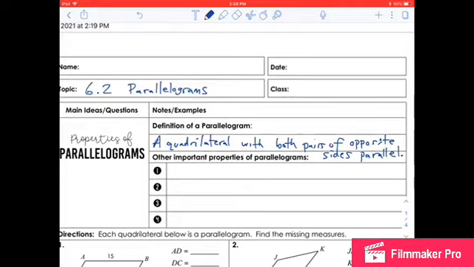Okay, so both pairs of opposite sides are parallel.